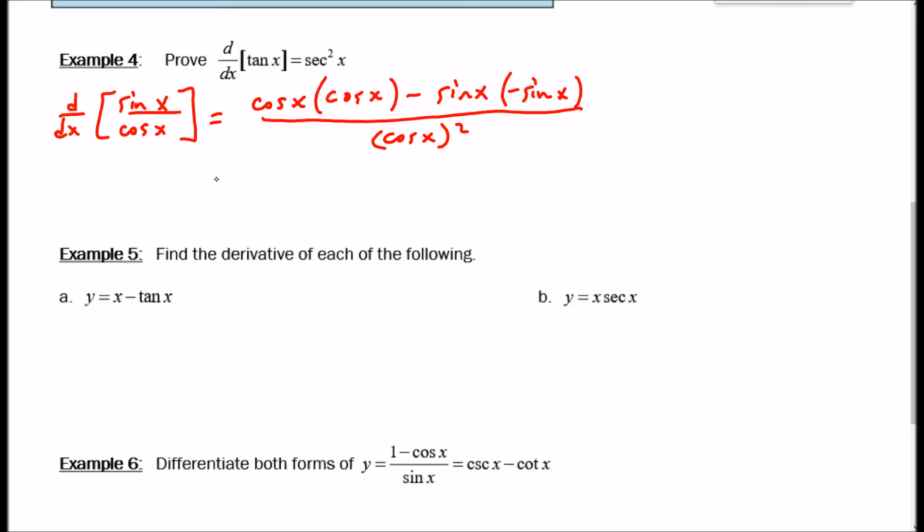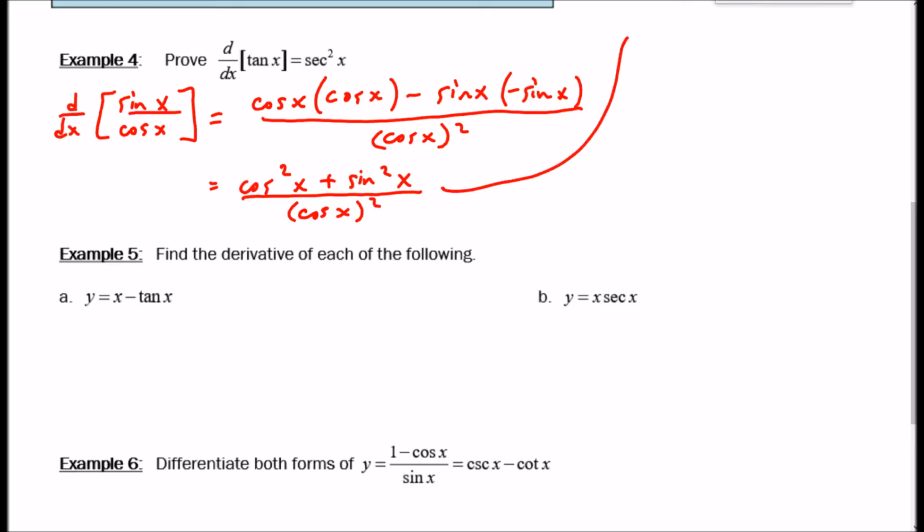Now if we clean this up a little bit, we have the cosine squared x, cosine x times cosine x is cosine squared, negative sine of x times negative sine of x, negative times negative is positive, sine of x times itself is sine squared x, over cosine x quantity squared.